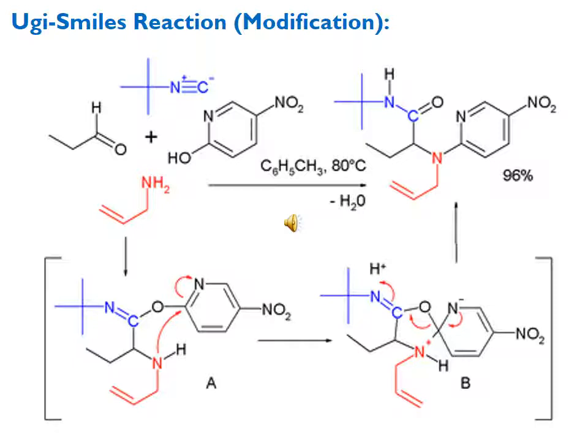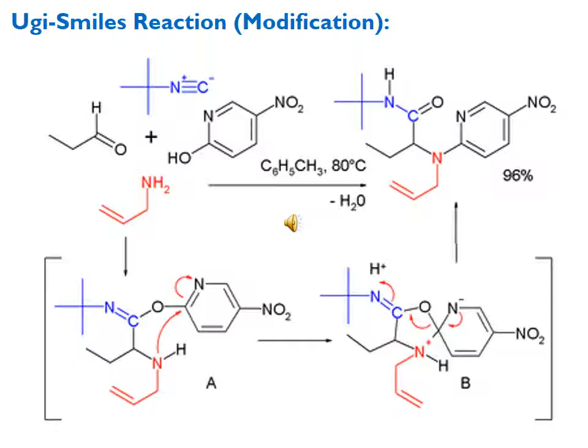The oxygen of the imine moiety is converted into C double bond O, and the nitrogen from the amine is now directly attached to the aromatic system. This rearrangement is termed the Smiles rearrangement, and overall we term this reaction the Ugi Smiles reaction.